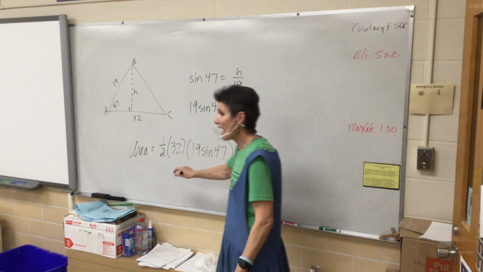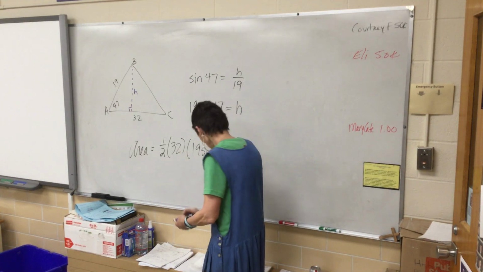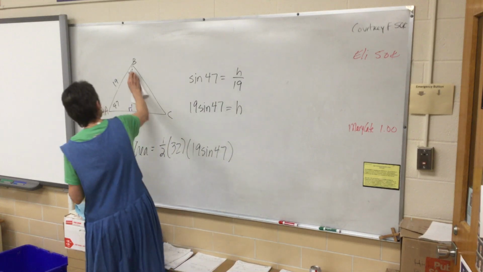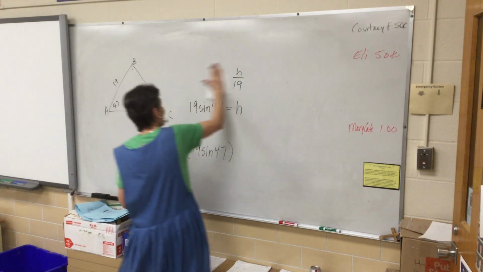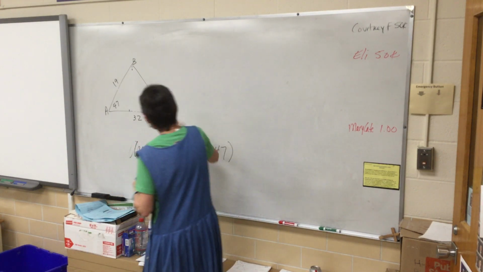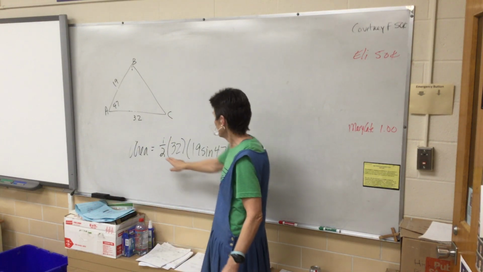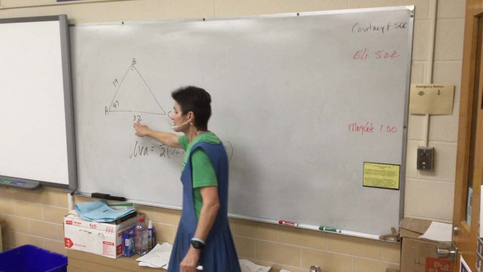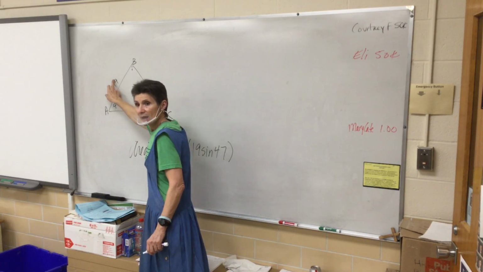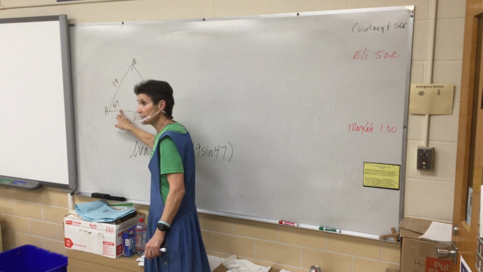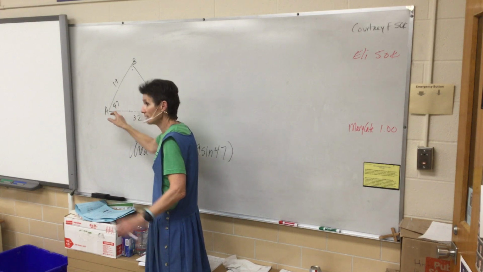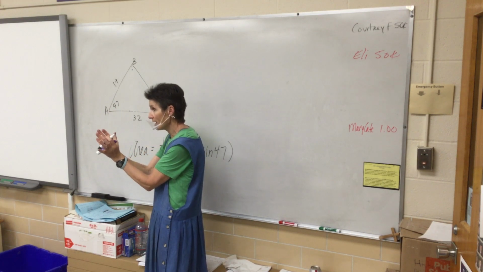Let me take that purple line out of there. Pretend none of that happened. To find the area of that triangle, ultimately, what did I end up doing? 1/2 side, sine of included angle. And by included angle, I mean the angle that's between the two sides.